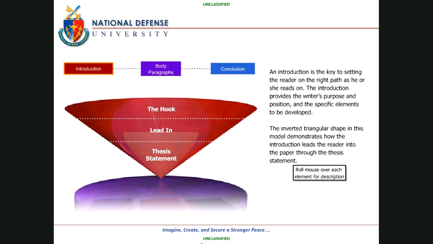It's your connection to your thesis, okay? Some of you think that this is a way for you to describe what happened, okay? So you're talking about the pandemic, right? That's your hook. And then you have a thesis statement. You have to figure out a way to connect your hook to your thesis statement, okay? So that's where your lead in comes in handy. And I'll give you examples in the next slides.